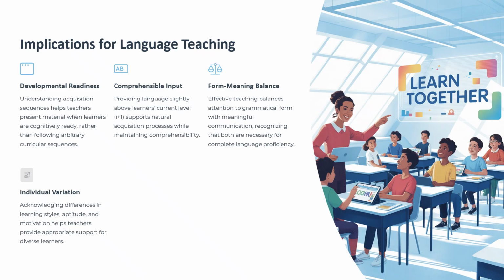Form-meaning balance: effective teaching balances attention to grammatical form with meaningful communication, recognizing that both are necessary for complete language proficiency. Individual variation: acknowledging differences in learning styles, aptitude, and motivation helps teachers provide appropriate support for diverse learners.